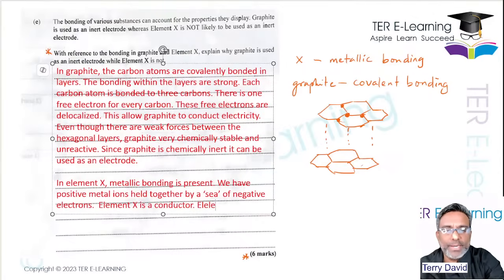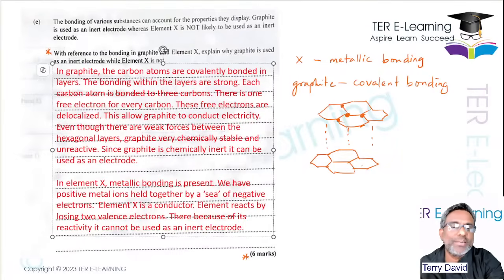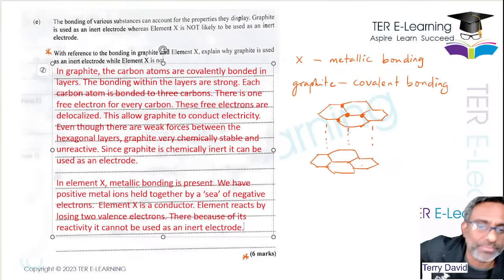We can say element X reacts by losing 2 valence electrons. Therefore, because of its reactivity, it cannot be used as an inert electrode. Now I'm just giving a comprehensive answer here.